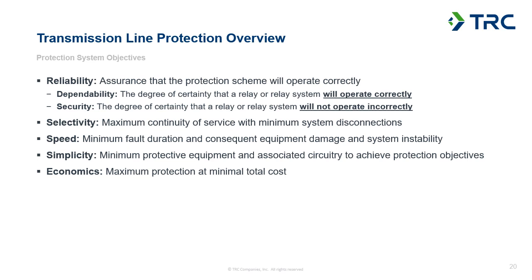And even though these are two very similar concepts, both related to the overall reliability, there's trade-offs there because the more sensitive you set your element or the faster you set your element may increase your dependability because it's more likely that it's going to trip when there's a fault. But the more you push those aspects, the more you impact your security because the more dependable you are, the less secure you're going to be.